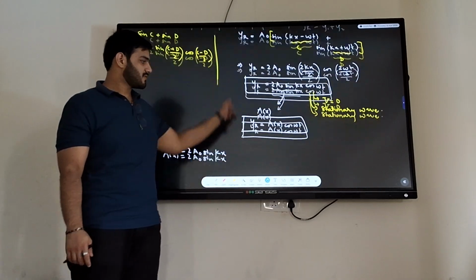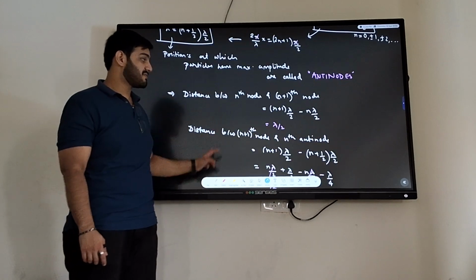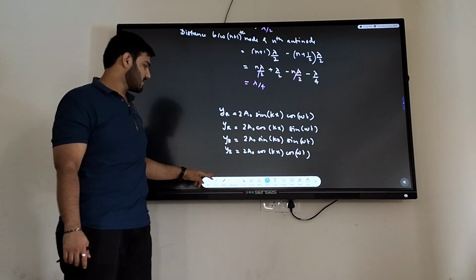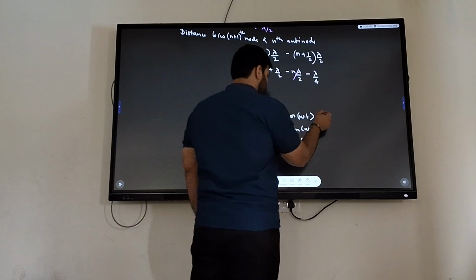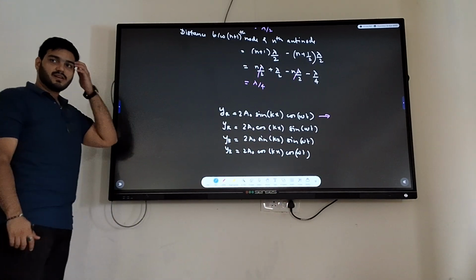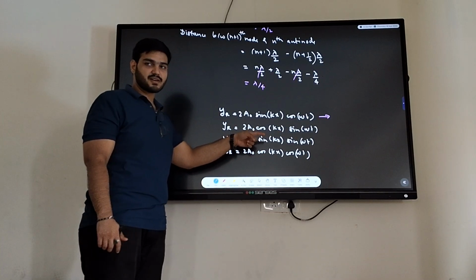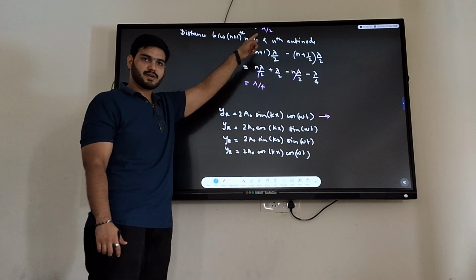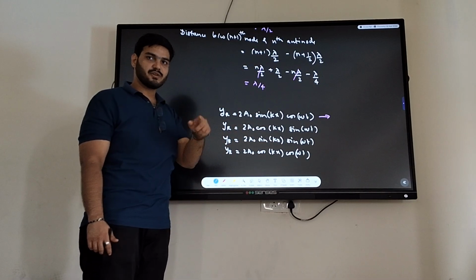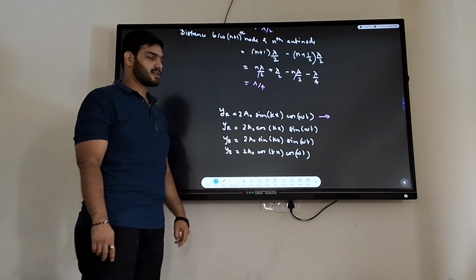Remember that the positions of nodes and antinodes that we found were only true for this one. If you encounter these other waves, please try to do it yourself. You know how to do it now. Just put the amplitude equal to 0 one time and equal to 2a naught another time, and you will find the points at which there will be nodes and antinodes.